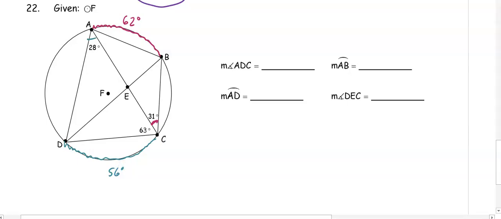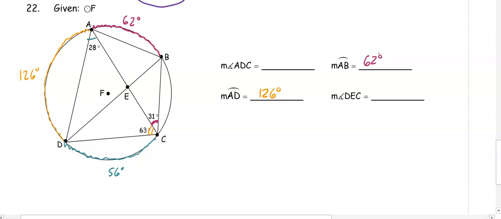And our last angle given to us, 63, is intercepting the arc from A to D, so we can double that to get 126 degrees. So right now that answers a couple of ones. We know that the measure of arc AD is 126, and we know that arc AB is 62 degrees.